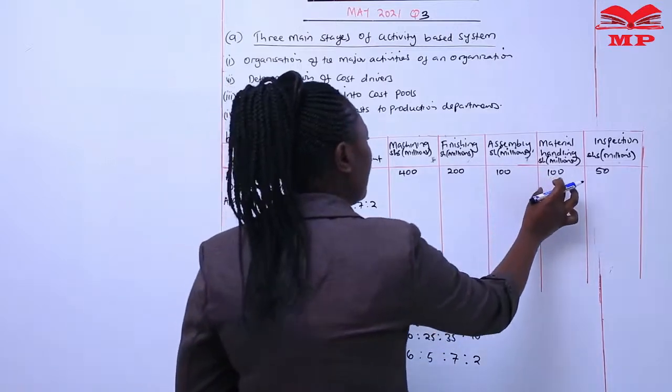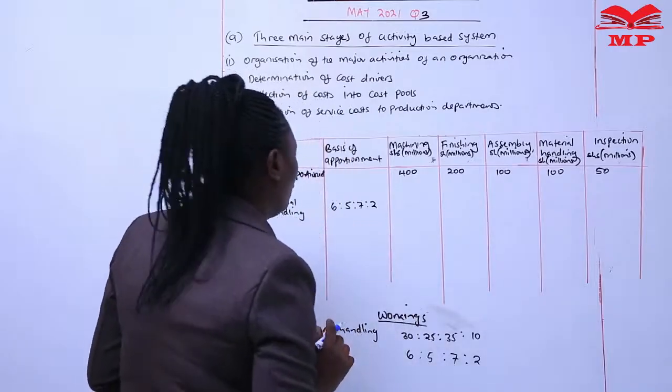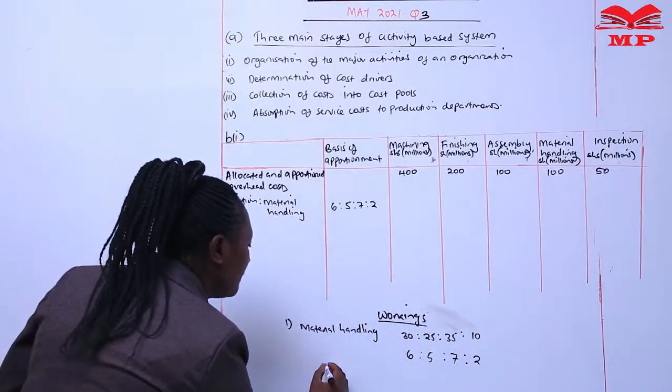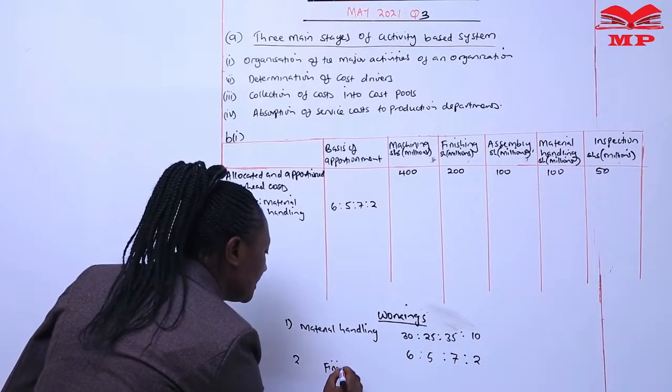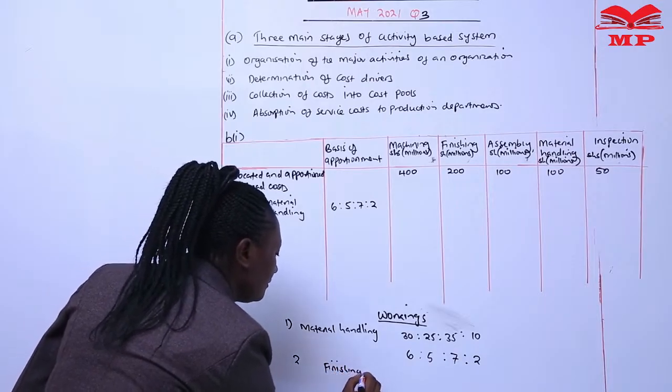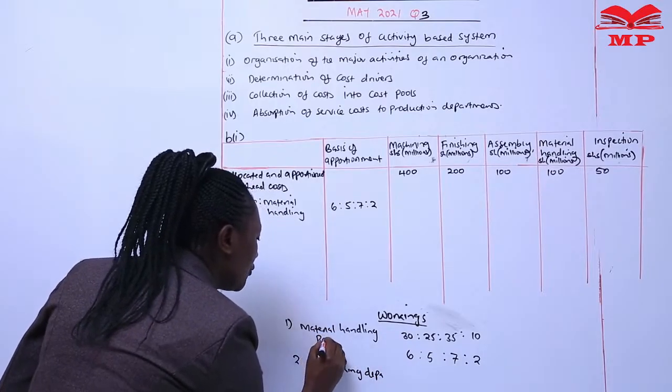So we remember we are apportioning material handling with 100. To calculate the amount for machining, this is working 2, material handling ratio.